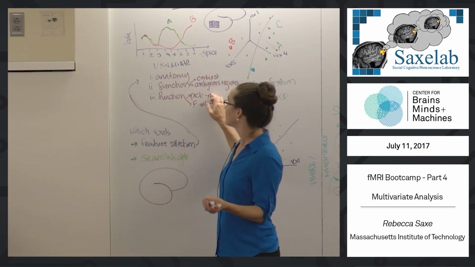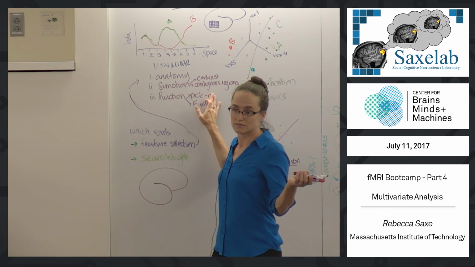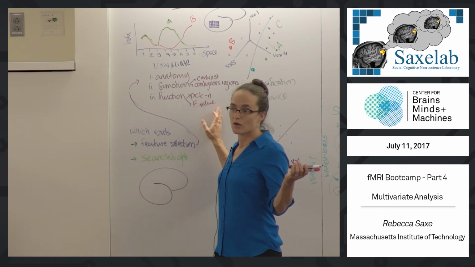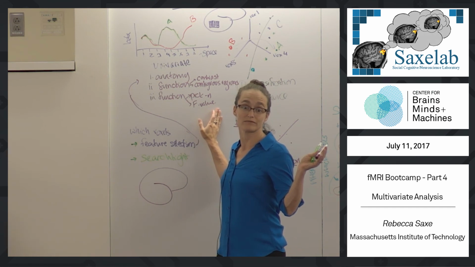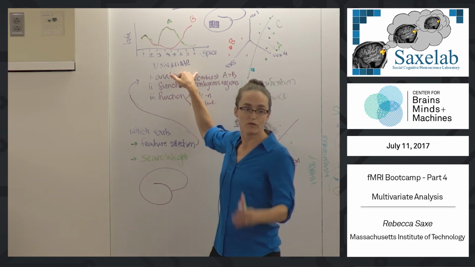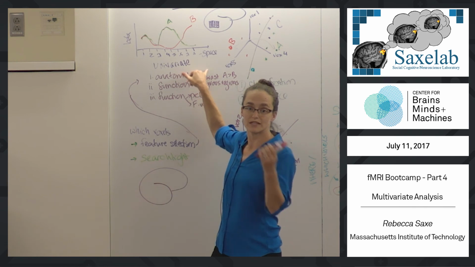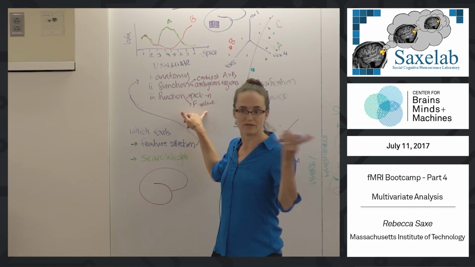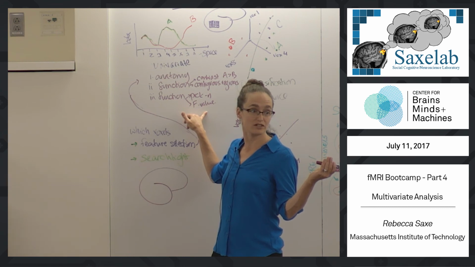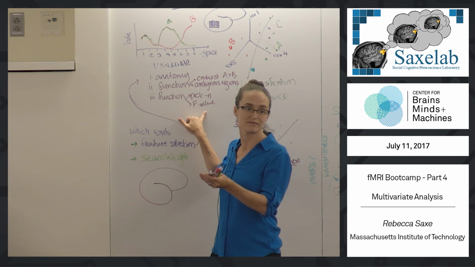Another option is pick a number of voxels, like 100, that differentiate between conditions, but you don't care in which direction, right? Here it was voxels that respond more to A than B. Another option here might be that distinguish A from B, but I don't care in which direction. Or that respond to either A or B or both, right?